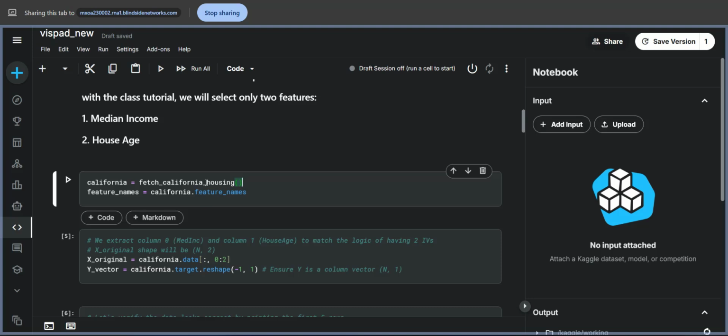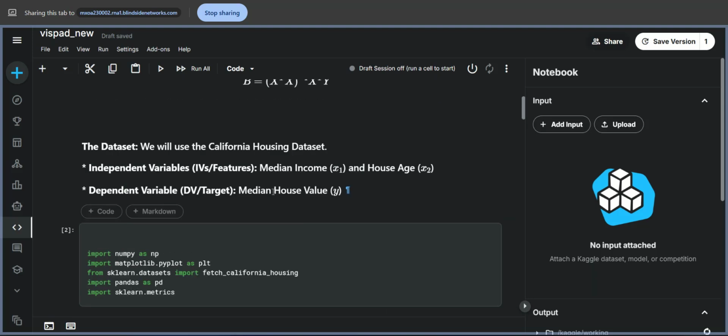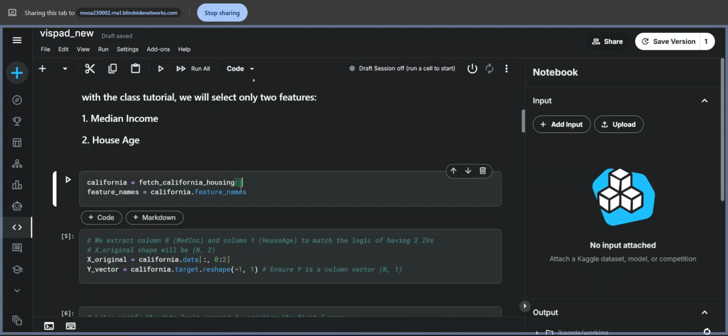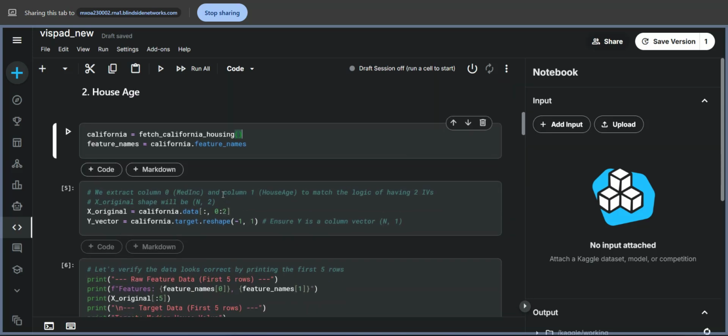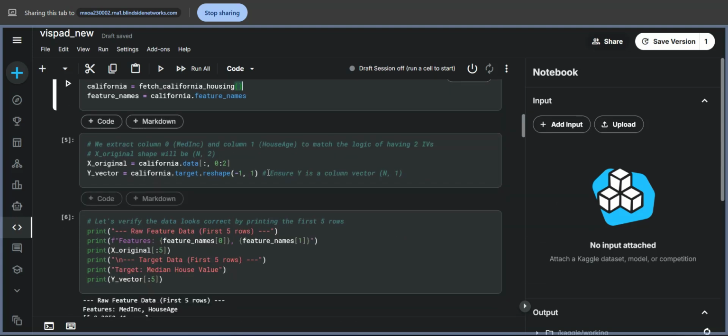Here the feature names are two: the median income and the house age, and for the targets we have the house price, or the house value. So we start to load and also prepare the data so that we can train it, right?